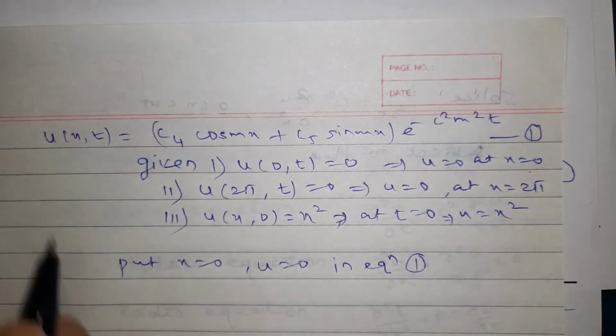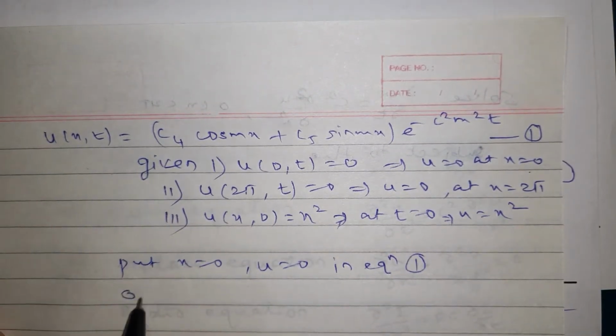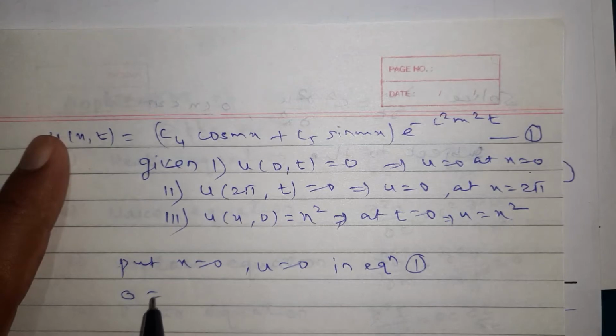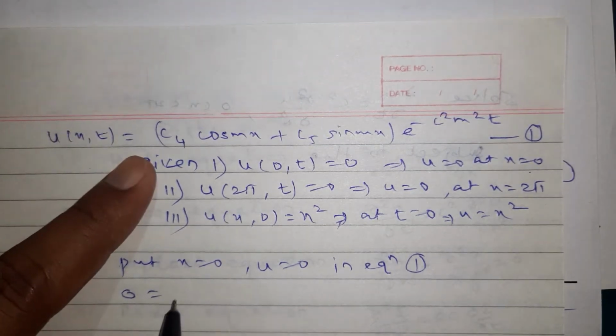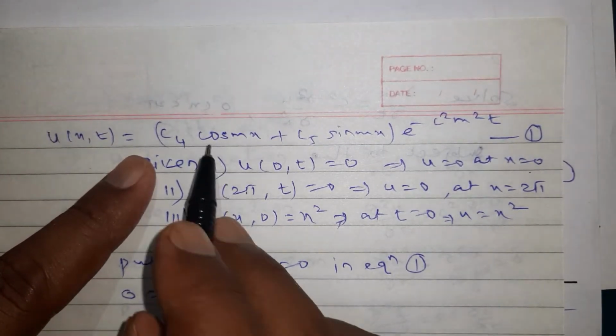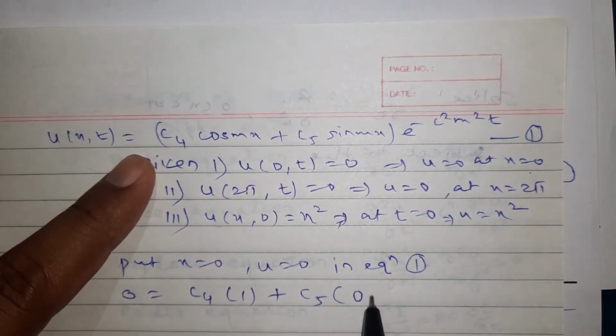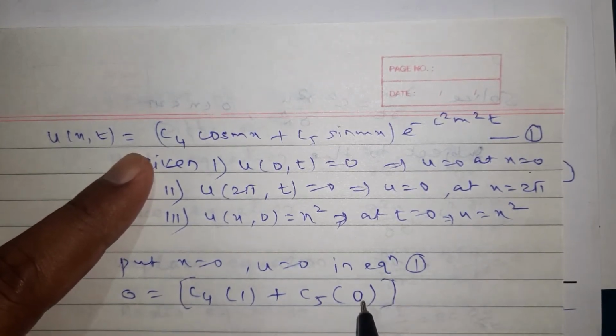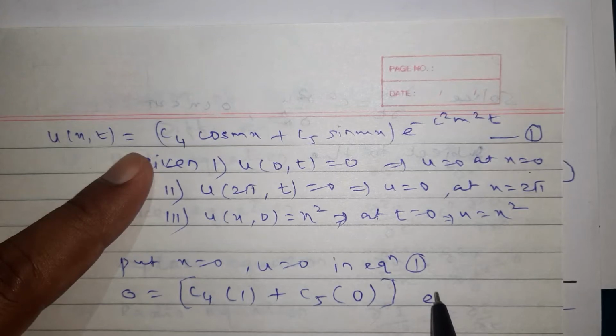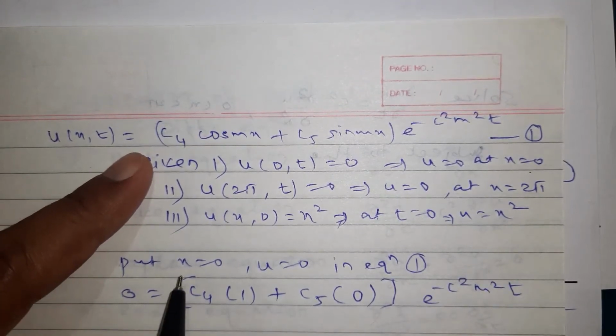So what do I get? 0 = C4 cos 0 + C5 sin 0, all multiplied by e^(-c²m²t). Just keep in mind cos 0 is 1, sin 0 is 0, and we are keeping our t as it is.